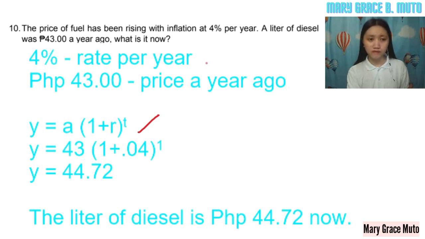So we are given the values 4% as the rate per year and 43 pesos as the price of a liter of diesel a year ago. So we substitute these values into the equation and solve for it. We would come up with y equals 44.72. So the liter of diesel is 44.72 pesos now.